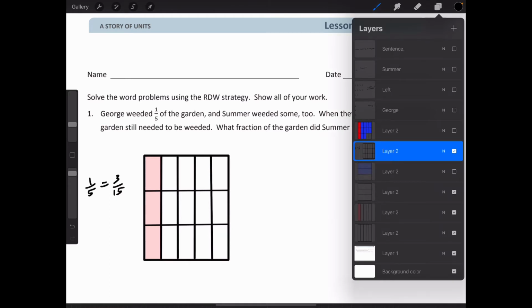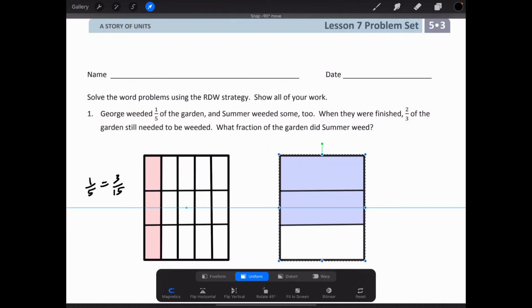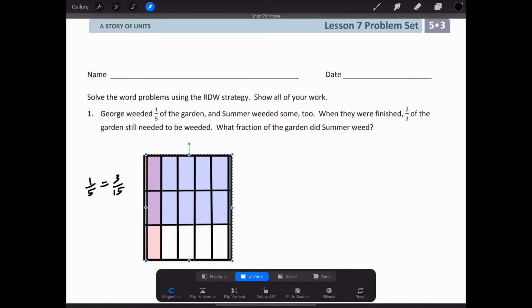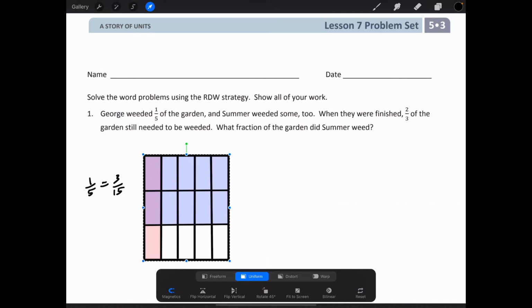2/3 of the garden would be this much of the garden. If that's hard to see, let's take a look at the 2/3. And you can see that that's 2/3 of the garden. How many 15ths is 2/3?